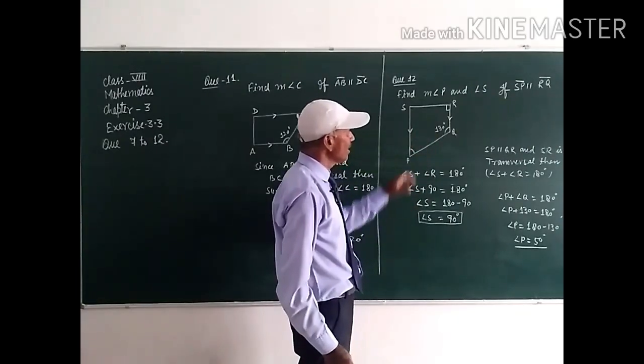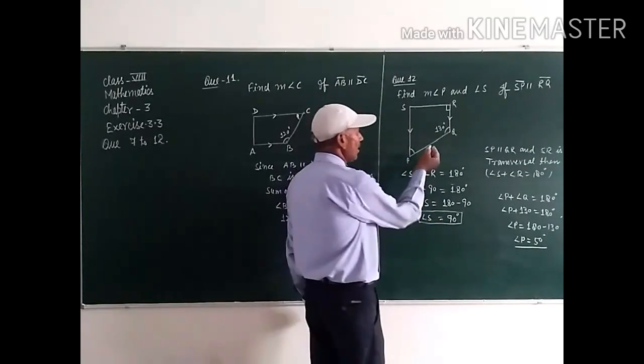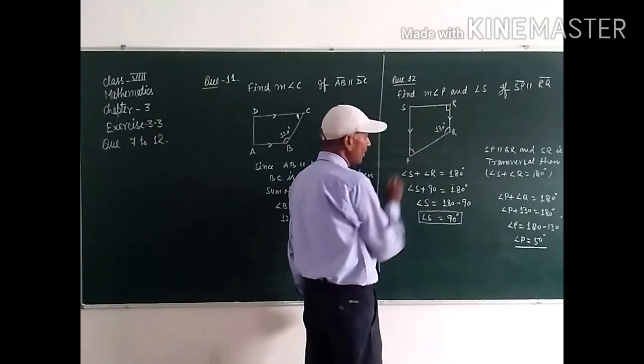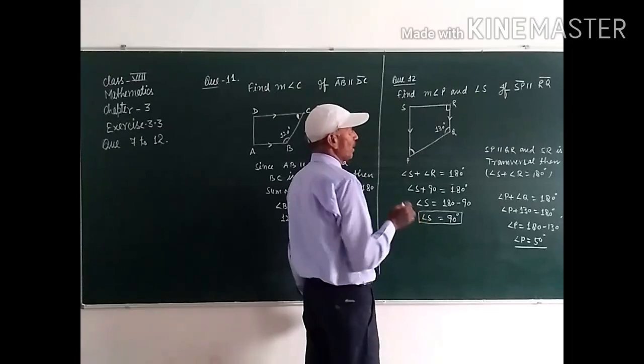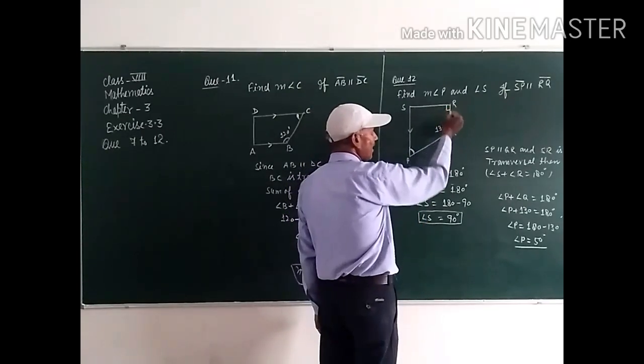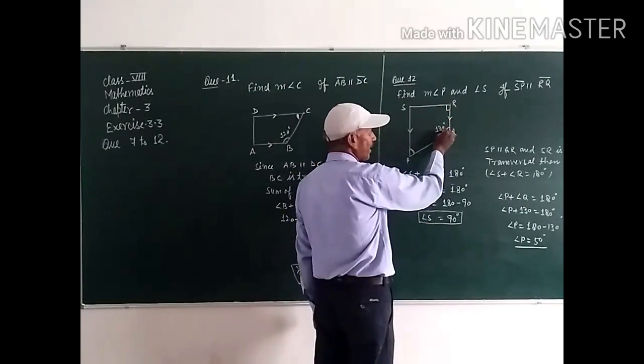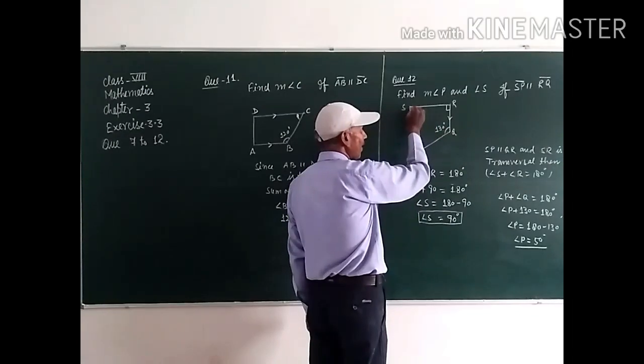In this question, it is asked whether we can find the value of P from any other method. Yes, student. If this angle is 90 degree, this one is 130 degree, and we found that this S is 90 degree.